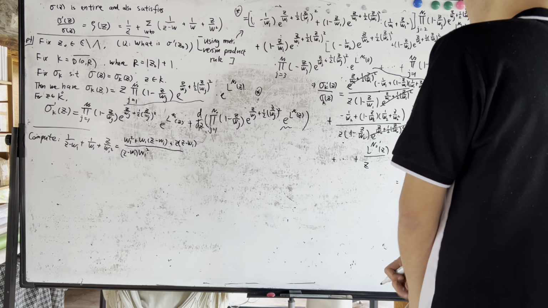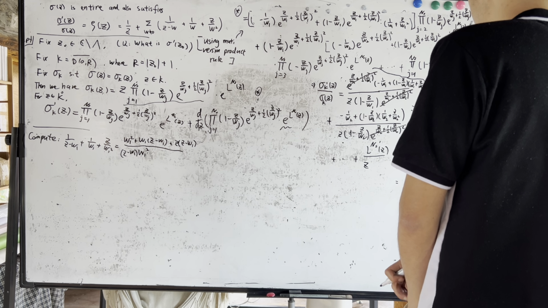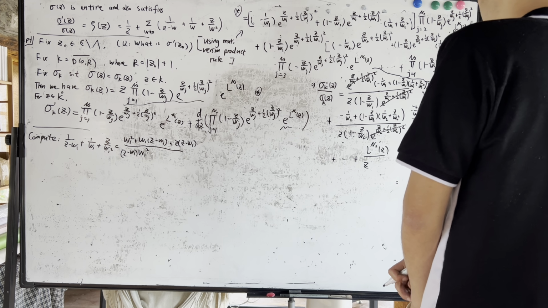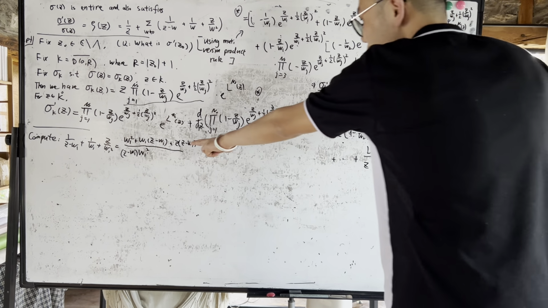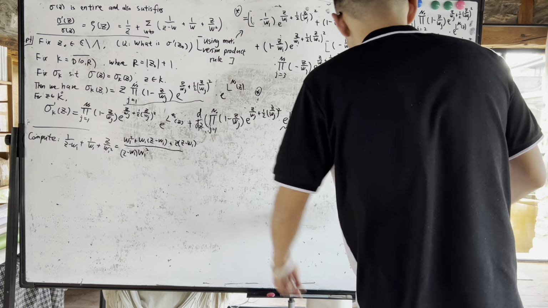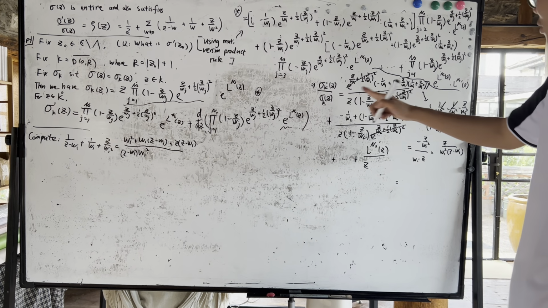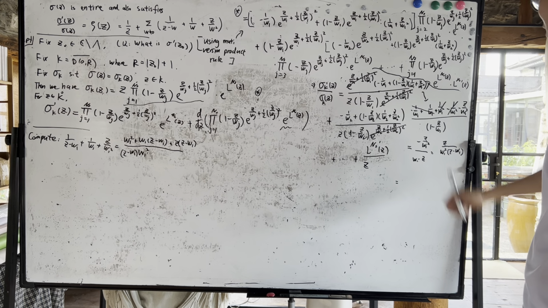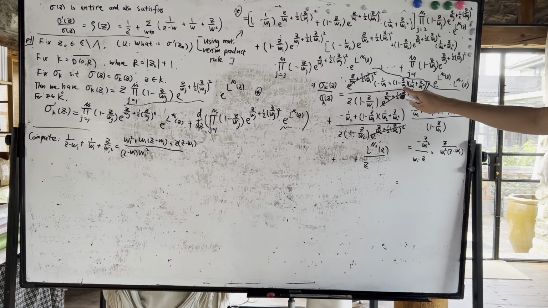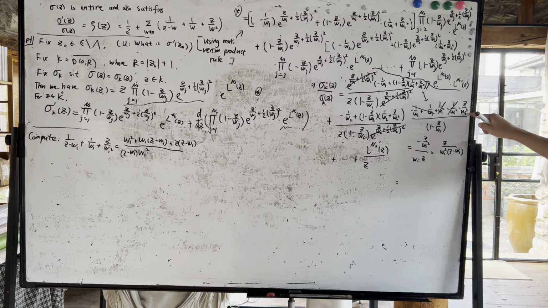Did I make a mistake somewhere? I think there's a mismatch because there is a z squared here, but there's no z squared there. So I did make a mistake: when I multiply negative z over omega 1 and this z over omega 1 squared, I wrote negative z over omega 1 cubed, but it should be z squared over omega 1 cubed.